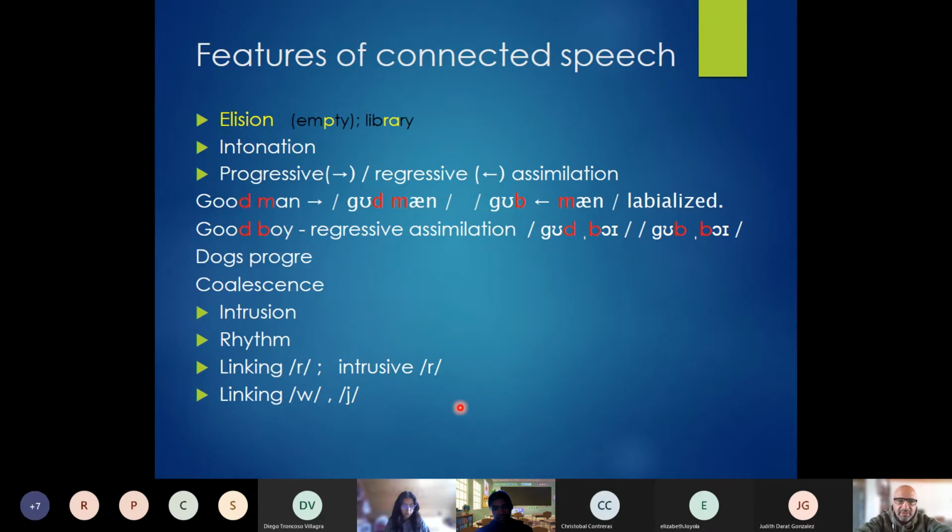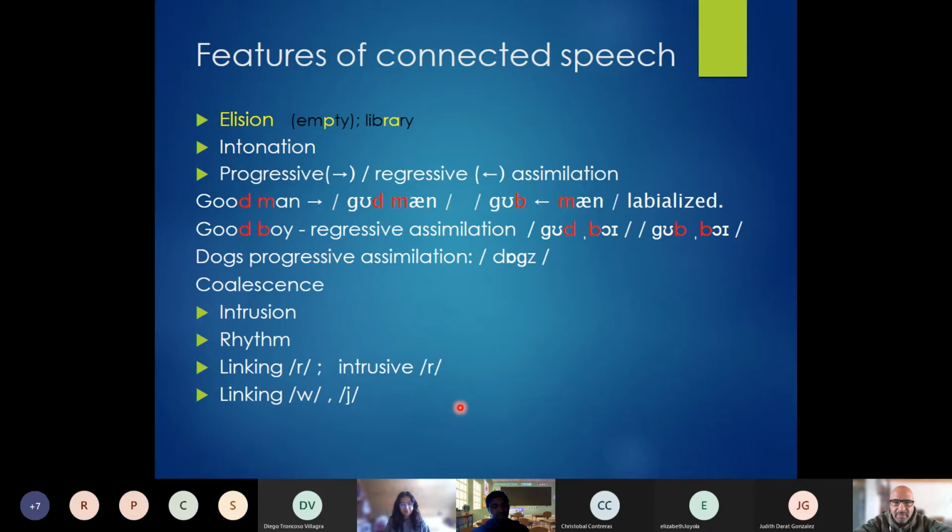I totally agree with you. And the reason is... are we all clear with the reason why dogs is an example of progressive assimilation, or not really? Because this is a great example, and I may use it for an evaluation.